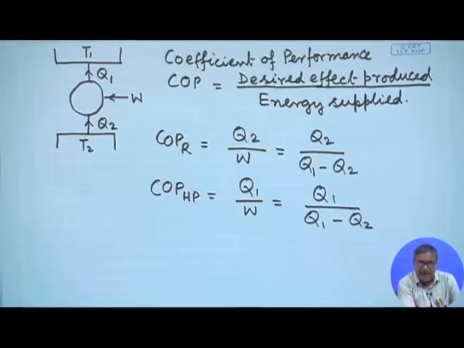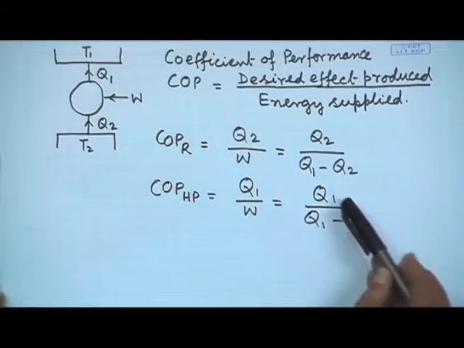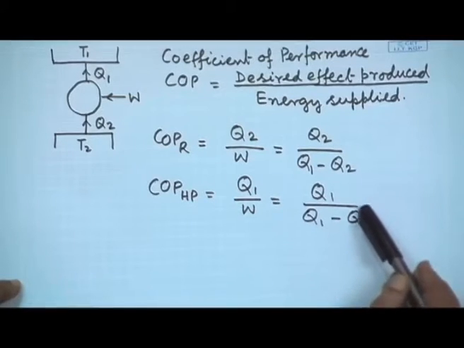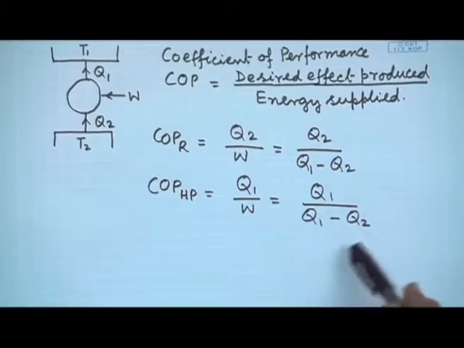Here again I would like to draw your attention to one fact: as the efficiency of a heat engine will always be less than 1, the COP of a heat pump will always be more than 1. Why? Because it is Q1 divided by Q1 minus Q2. Q2 is a finite, non-negative quantity.